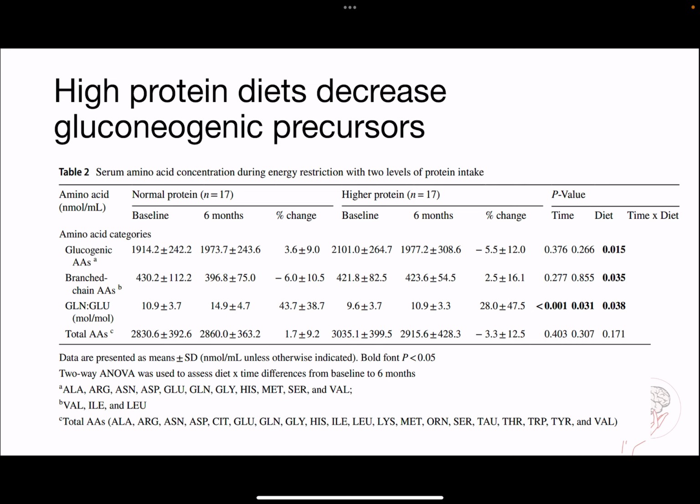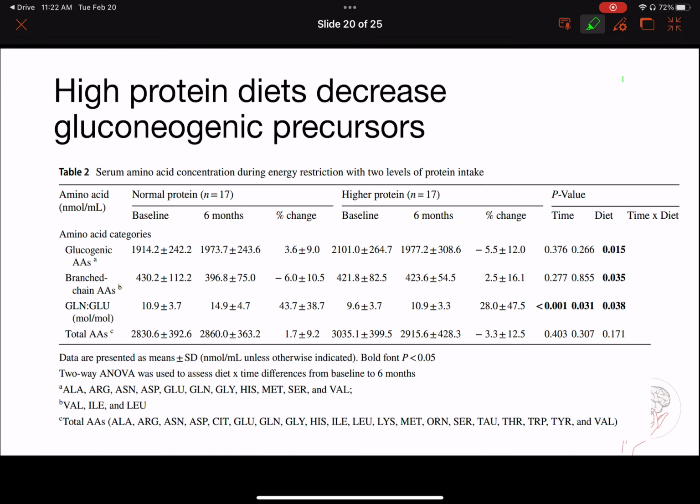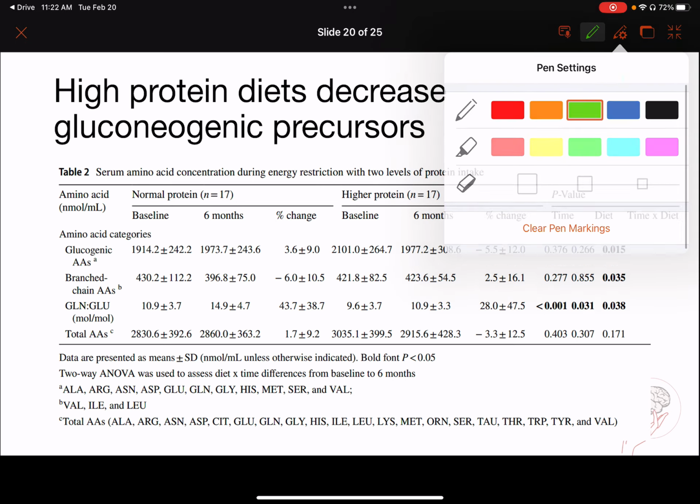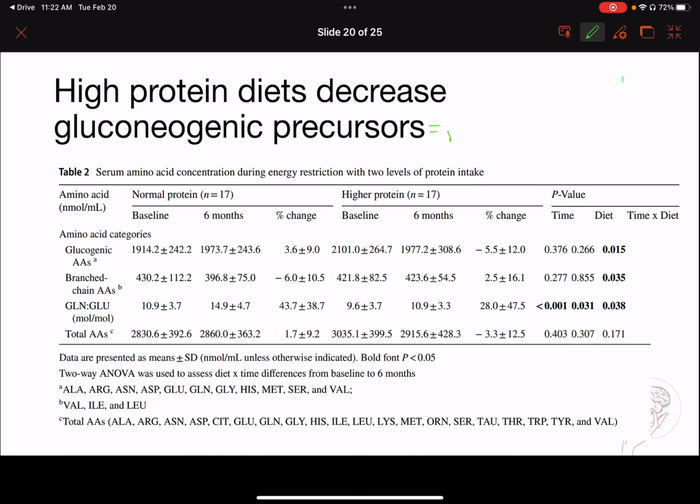What they did find, though, is that high protein diets decrease gluconeogenic precursors. Remember that gluconeogenic precursors are proteins. So again, we have our normal protein and we have our higher protein. And they broke down their amino acids into different categories.